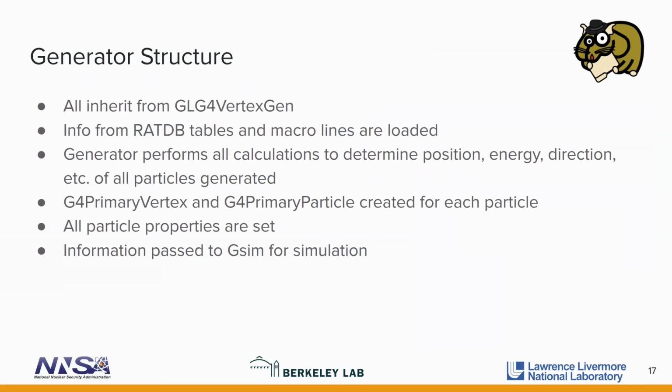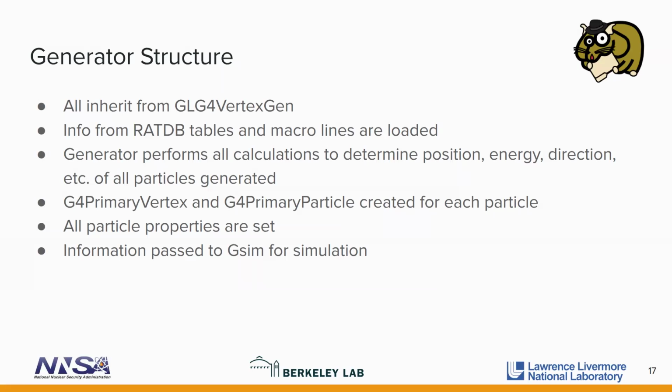They all inherit from the generator classes. They can load information from ratdb tables, for example to keep an energy spectrum that you want to produce, and macro lines in your macro set up different settings in your generator.